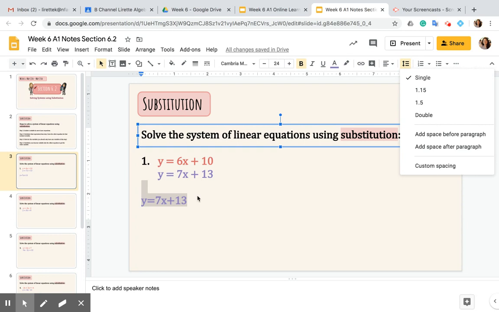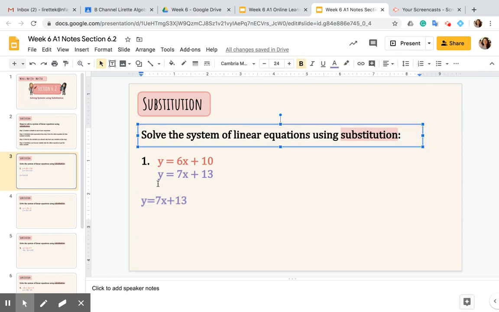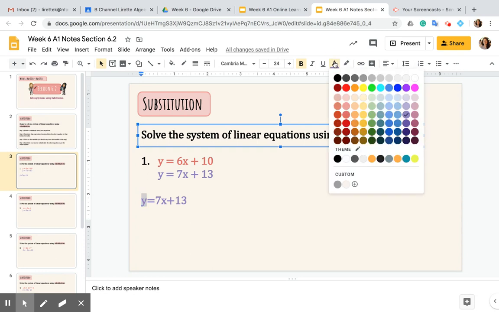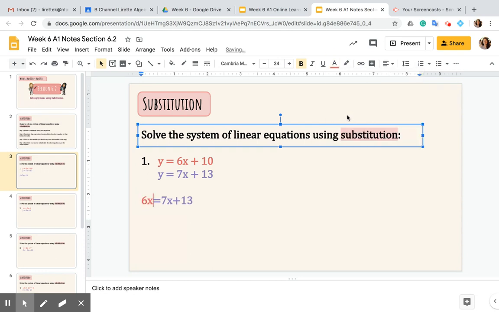What that's telling me to do is to take this y and replace it with the 6x plus 10, the expression that the y was equal to in the other equation.